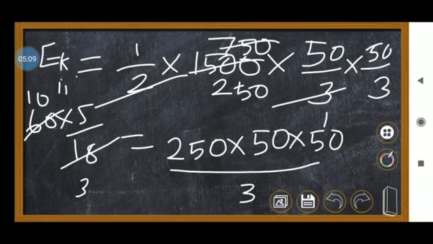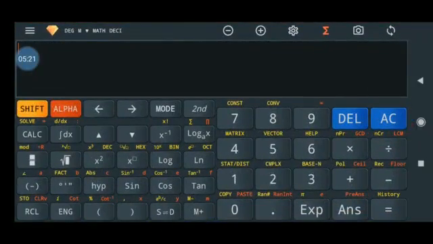So keep the value 250 into 50 into 50, and multiply this value. Then the answer is divided by 3. Just a minute. 250 into 50 into 50, what is the value?